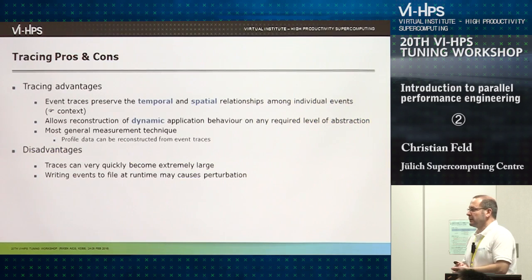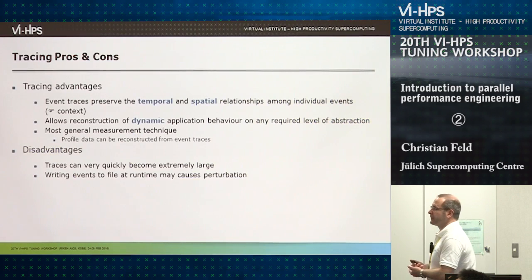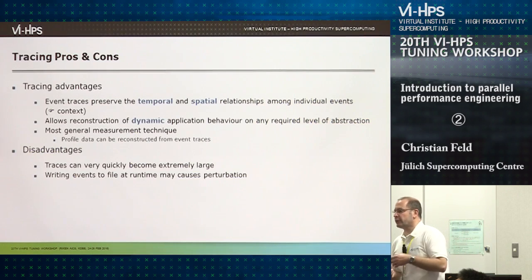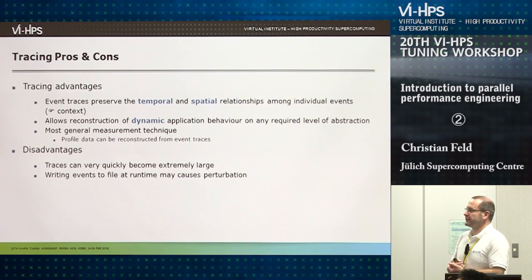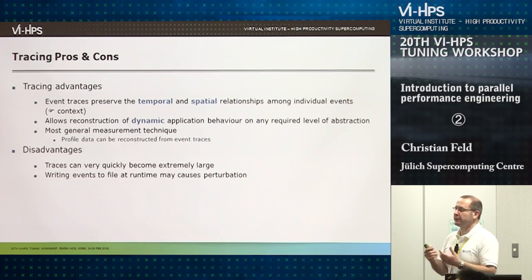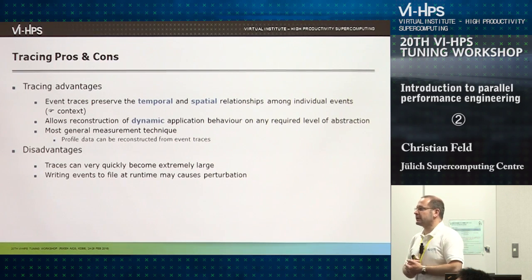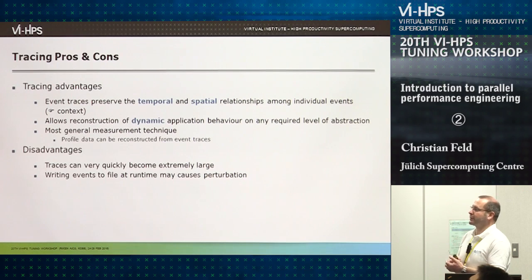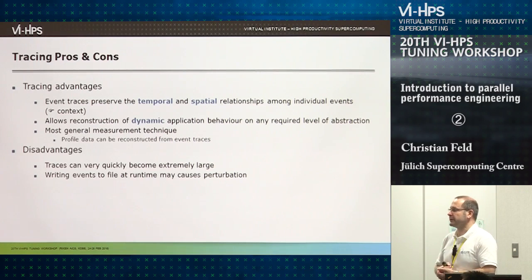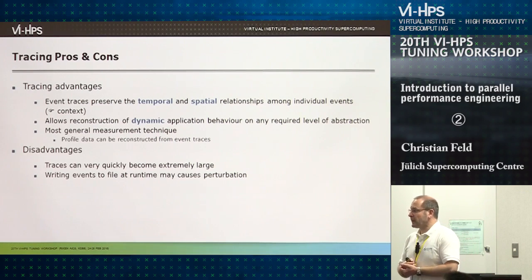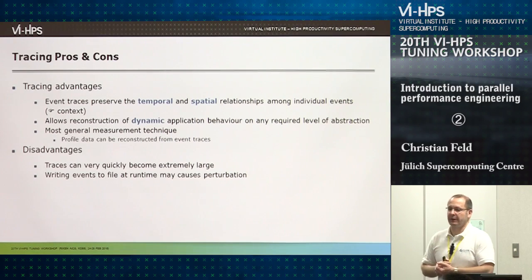So there are some advantages to tracing. You have this abstract execution model, and you can do all kinds of analysis you can think of, because everything is there. So the temporal and spatial relationships are preserved. This is a big advantage. And you can reconstruct this dynamic behavior.